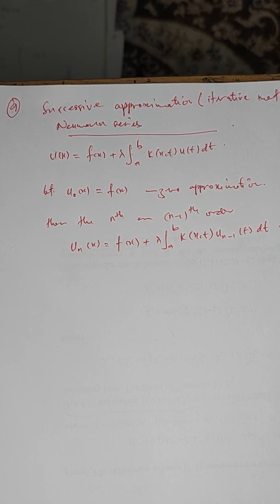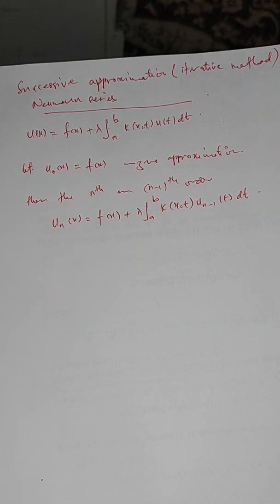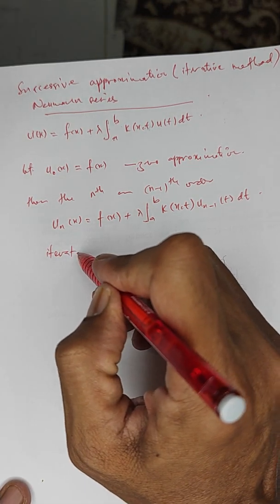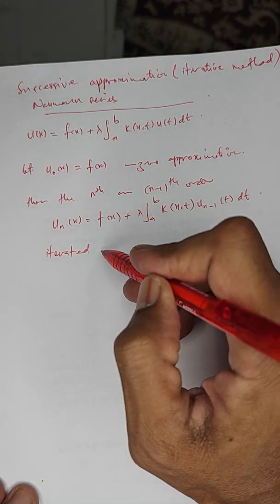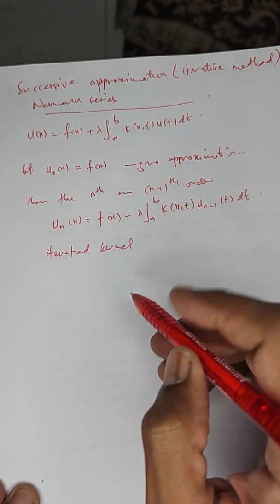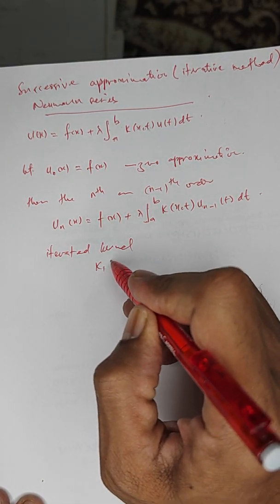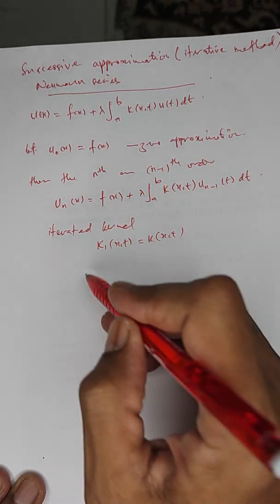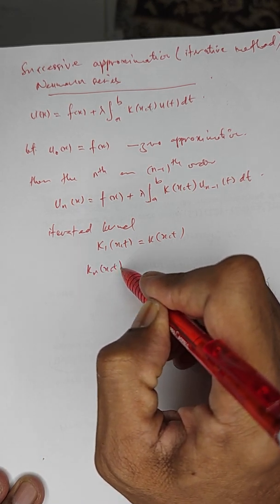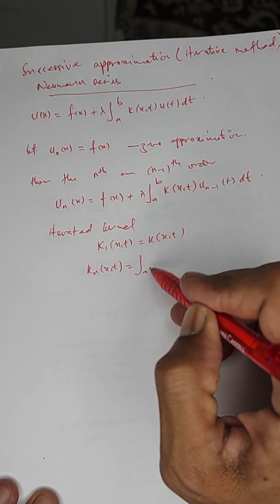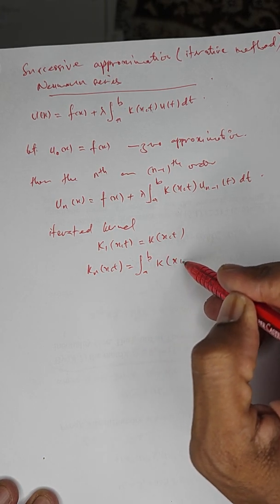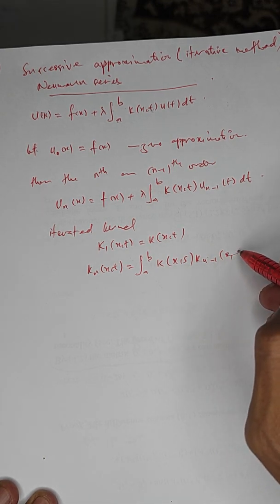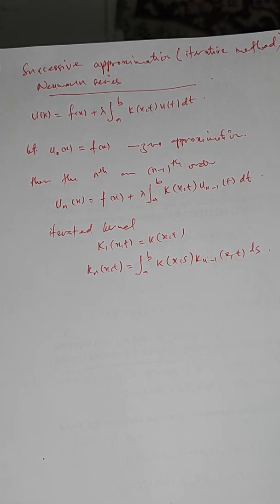Then the iterated kernel, as we have seen in the previous videos, is defined as K1(x,t) = K(x,t) and Kn(x,t) = integral from a to b of K(x,s) K(n-1)(s,t) ds.